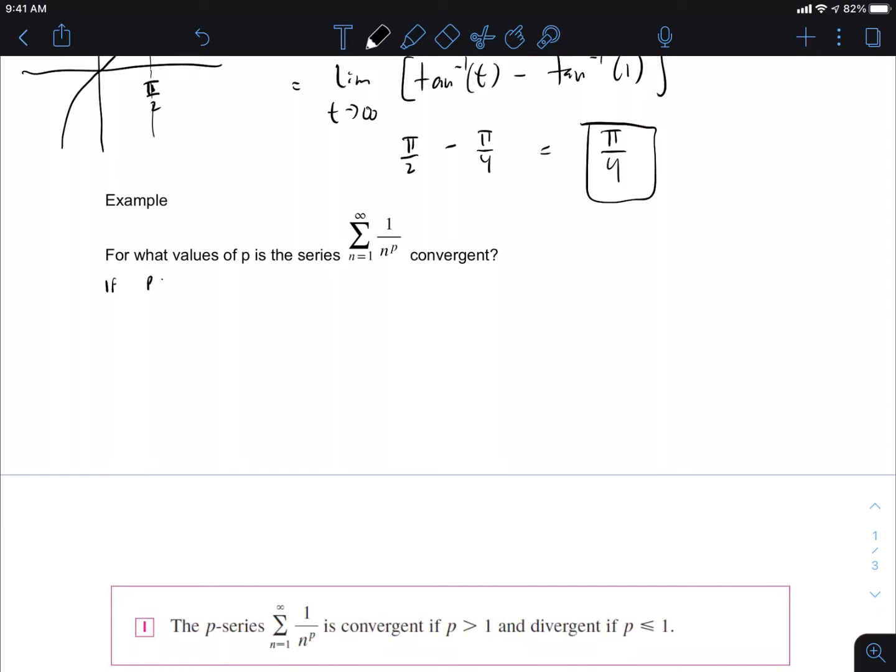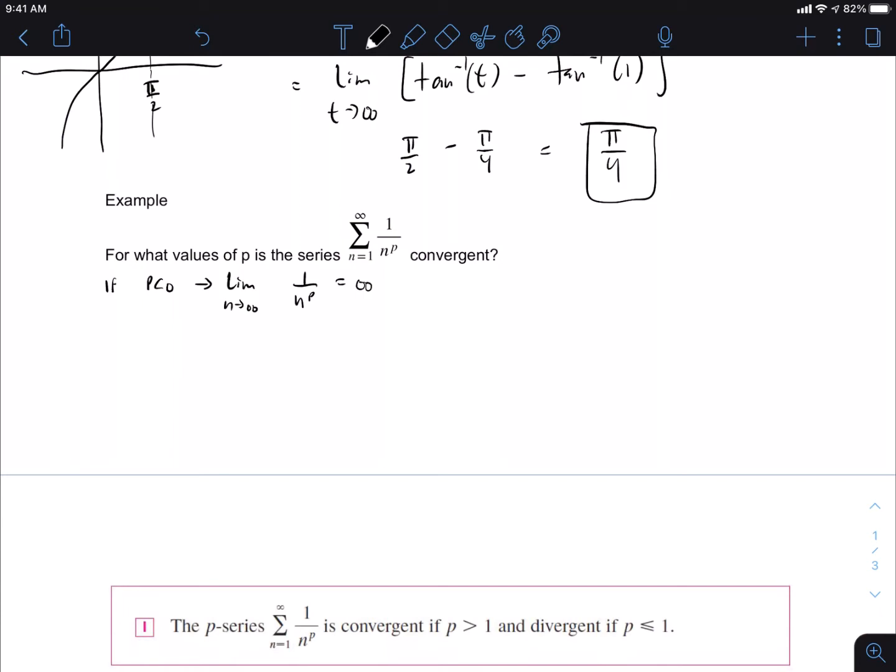If p is less than 0, we know that the limit as n goes to infinity of 1 over n to the p is going to take off to infinity, because any p value smaller than 0, meaning negative, is going to move the n up to the numerator, and so that going to infinity is going to take off to infinity.